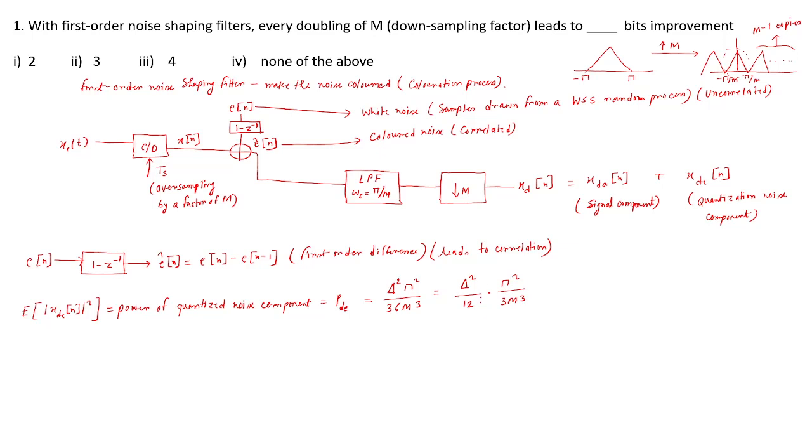There's a reason I break down this multiplication into these two parts, because the first part basically corresponds to the power of input quantization noise, where neither the noise shaping filter nor the oversampling factor is present. I mean, this part corresponds to noise power when we do not employ any multirate DSP tools, neither the first order noise shaping filter nor the oversampling factor. So in that case, the power of the quantized noise component on the input side is delta square by 12.